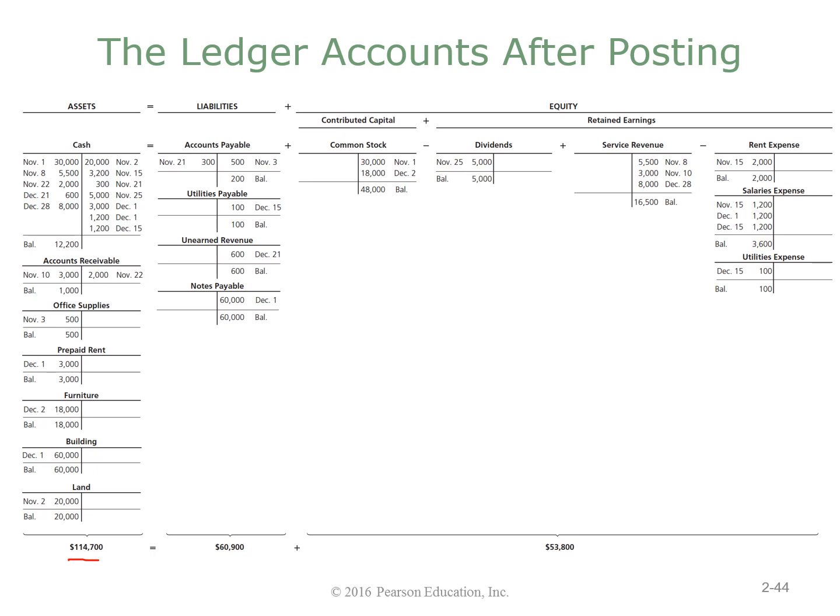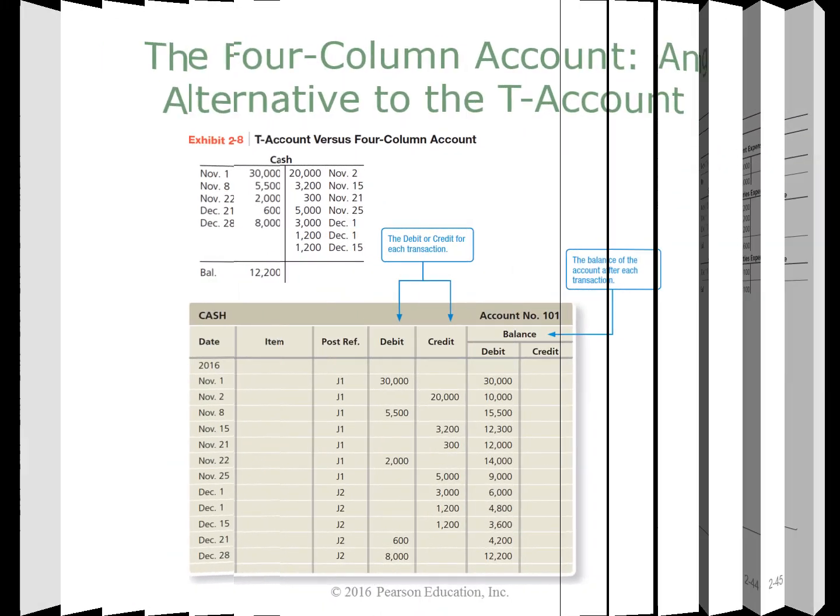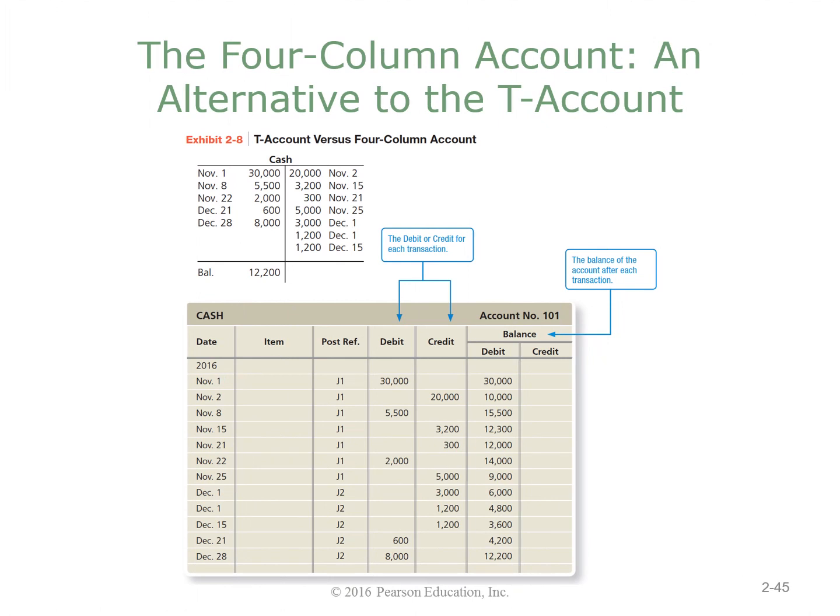The liabilities, and don't forget unearned revenue is a liability, with 6,900, and equity including contributed capital, common stock, retained earnings, dividends, service revenue and rent expenses, with a total amount of 53,800, and both sides are equal as said before.